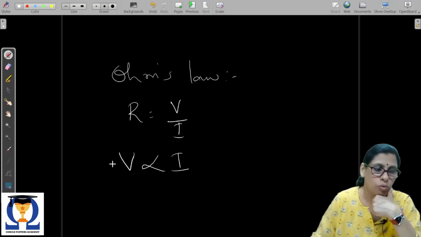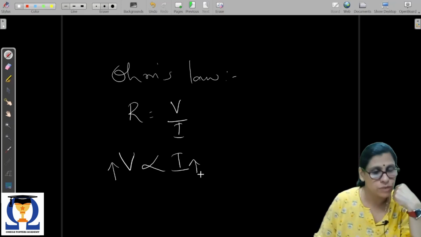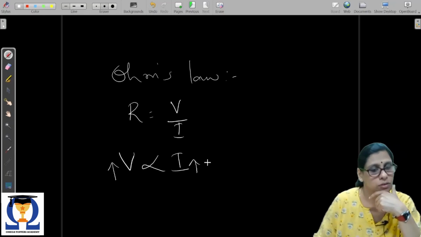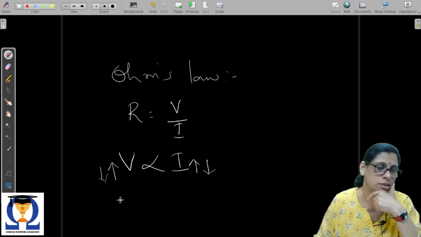So if the voltage increases, then the current in the circuit also increases, or vice versa. If the current increases, voltage also increases. If the current decreases, voltage also decreases.